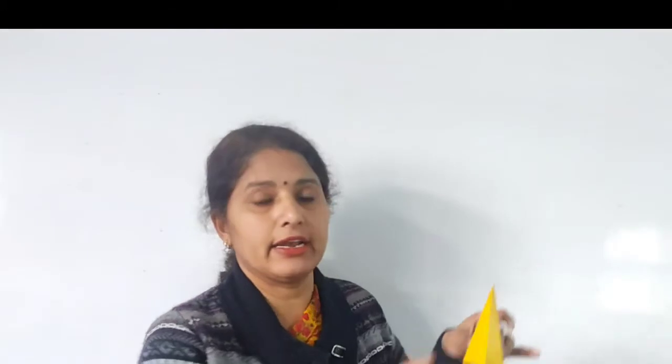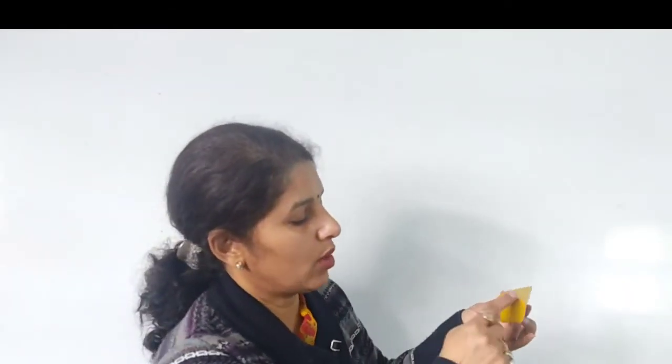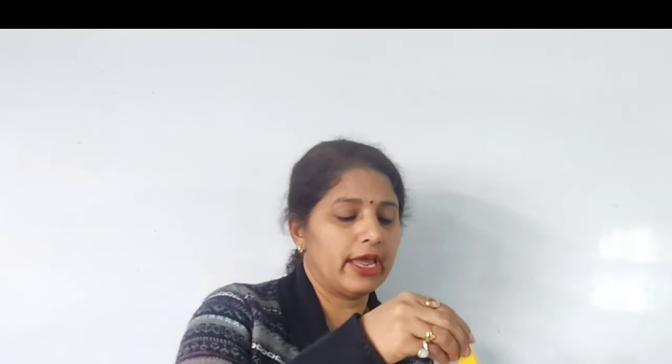We will count the edges: 1, 2, 3, 4, 5, 6, 7, 8, 9, 10. 10 edges are there in this figure. And now come to vertices. We will count the vertices of this figure: 1, 2, 3, 4, 5, and 6 vertices. Like this we can count the faces, vertices and edges of any figure.